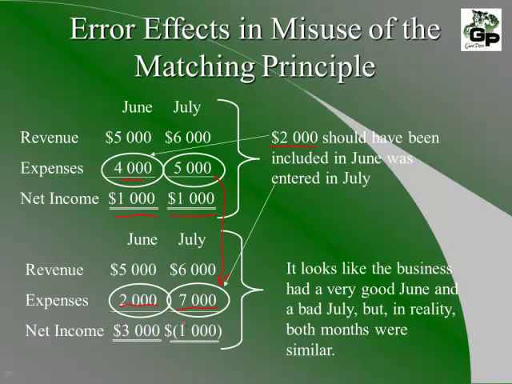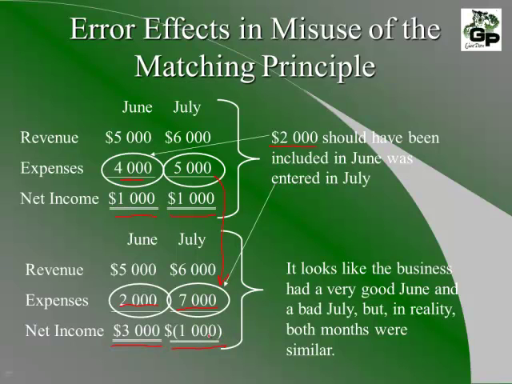Now take a look at what happens when you incorrectly put amounts in the wrong accounting period. For the month of June, there's a $3,000 net income. But now look, because of that $2,000 mistake, you now have a $1,000 loss, as noted by these parentheses.